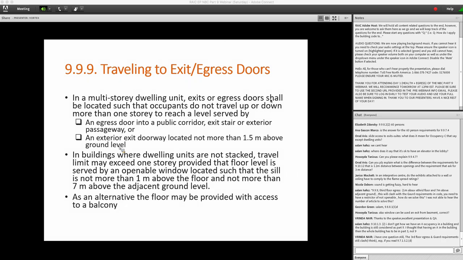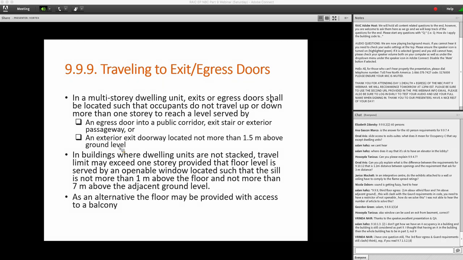If for some reason, let's say the floor assembly on the second floor level is 1 hour rated, then the exit serving that floor has to be 1 hour rated as well. So that is how the context of the fire resistance rating of the floor assembly which it serves is explained.